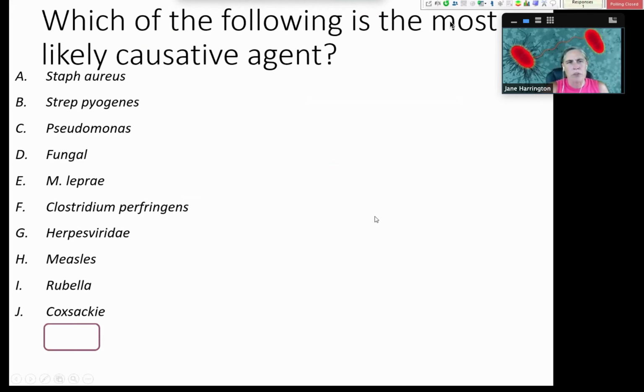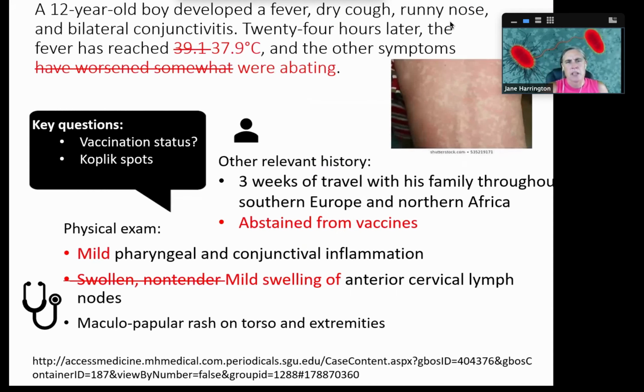So that was measles. Let us change that particular vignette. So we see that we've got a cough, runny nose, but the temperature has changed. Thank you for sharing the PDF. So here we have the temperature has changed, and so that's a much lower temperature. And we see that 24 hours later, the symptoms, the cough, the itchiness of the eyes are going down.